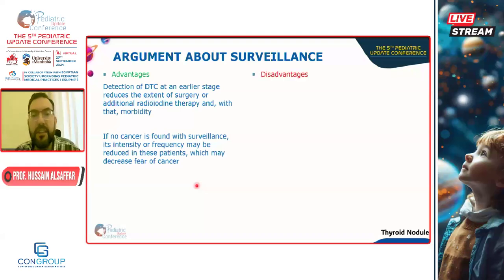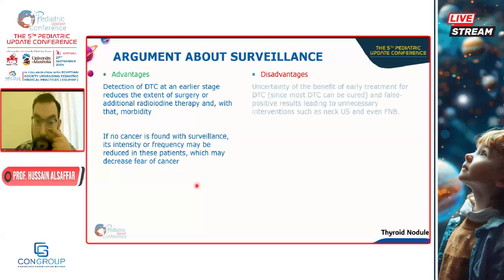What are the disadvantages of the surveillance? One disadvantage is the uncertainty of the benefit of early detection of differentiated thyroid cancer, since most of them can be cured even if they are detected a little bit later on, and false positive results leading to unnecessary interventions, such as further ultrasounds or even fine needle biopsy.